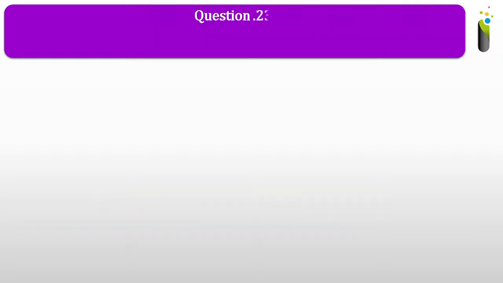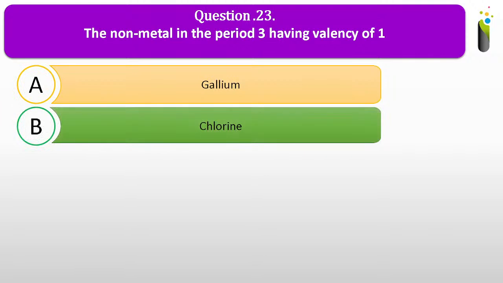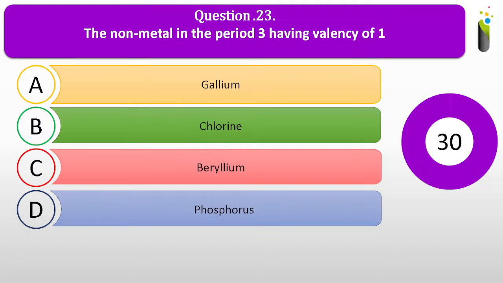Coming to the next, that is question number 23. The non-metal in the period 3 having valency of 1 is dash. A, Gallium, B, Chlorine, C, Beryllium, D, Phosphorus.